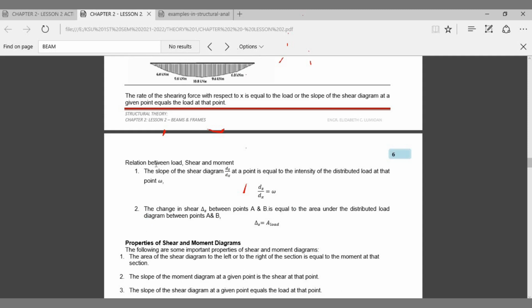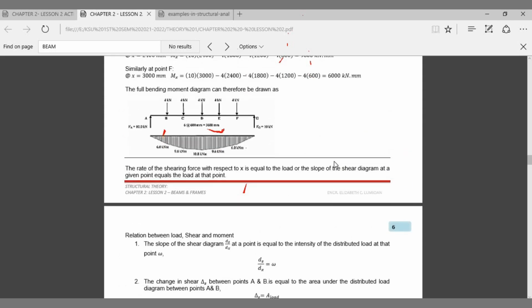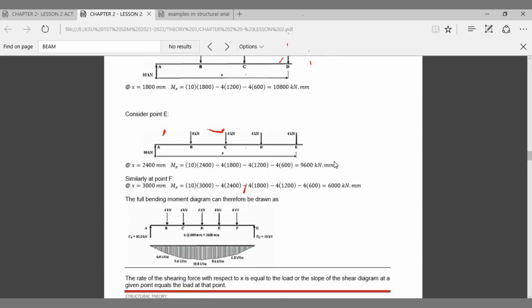So, ano bang ibig sabihin ng mga relationship na to? Again, I just want to show you the relationship between load diagram, shear and moment diagram para mas madali na i-drawing natin yung ating mga shear and moment diagrams. You may want to follow itong gaya ng sabi ko, itong ginawa ng libro in formulating the equations to determine the values of your moments and your shear.